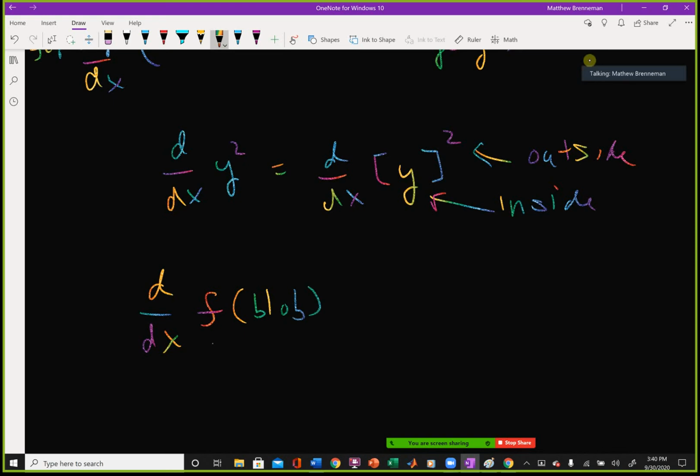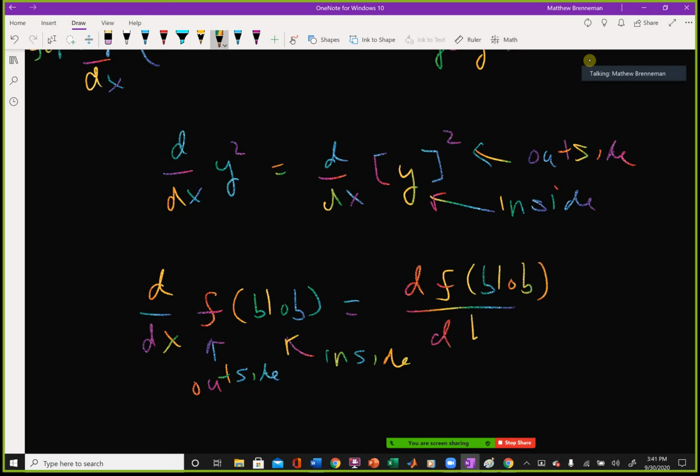I'm going to think of f as my outside function, and blob as my inside function. This is equal to the derivative of f of blob with respect to blob, times the derivative of blob with respect to x.